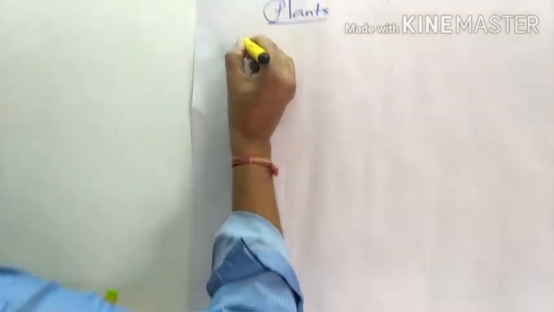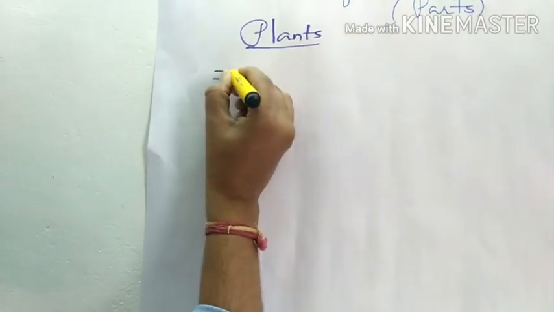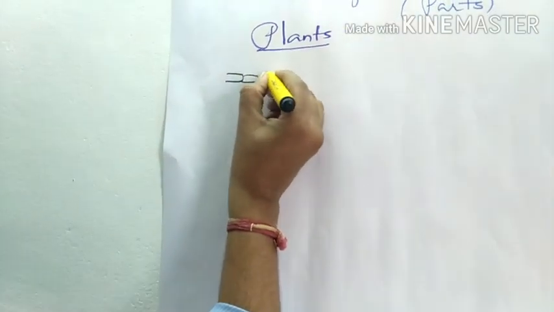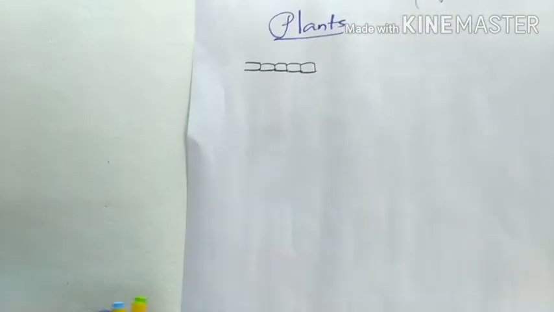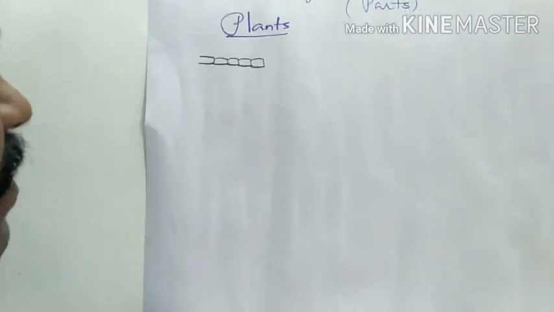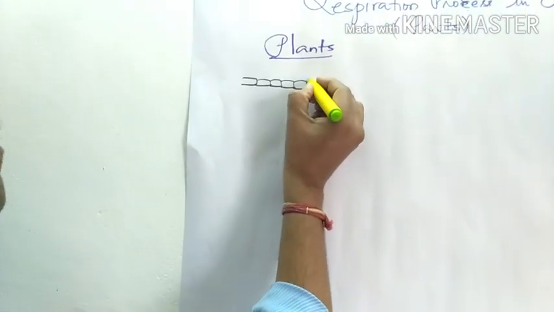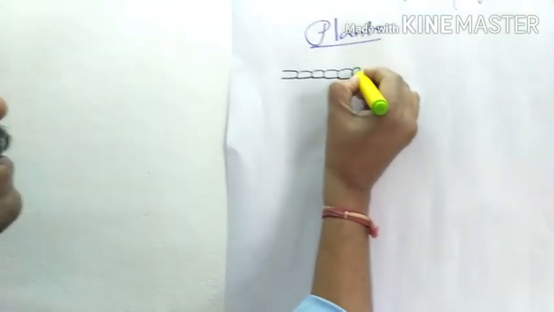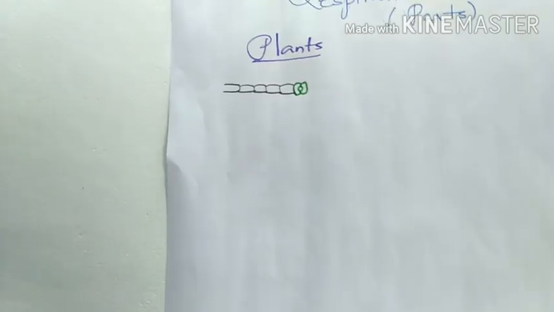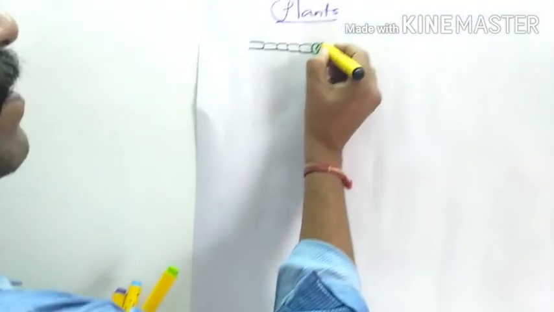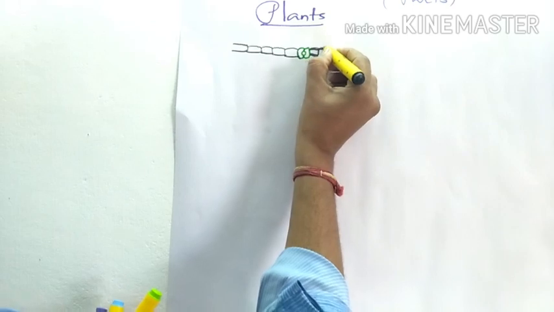In the epidermis, we have some bean-shaped structures like this, scattered on both the surfaces of the leaves.